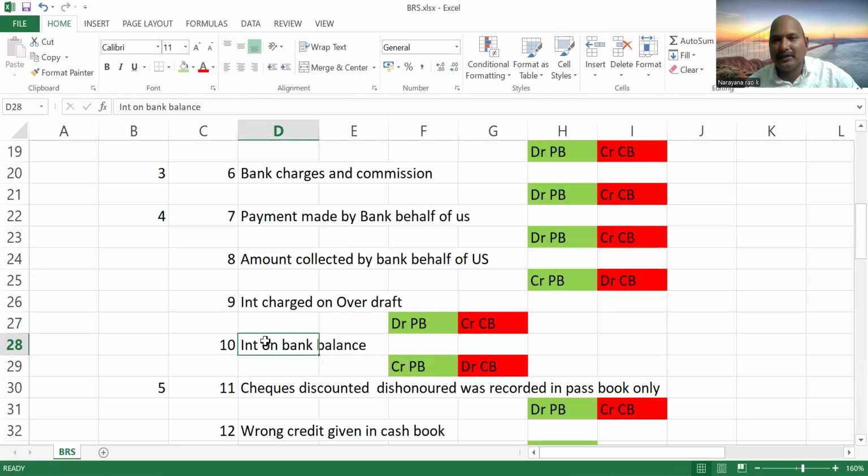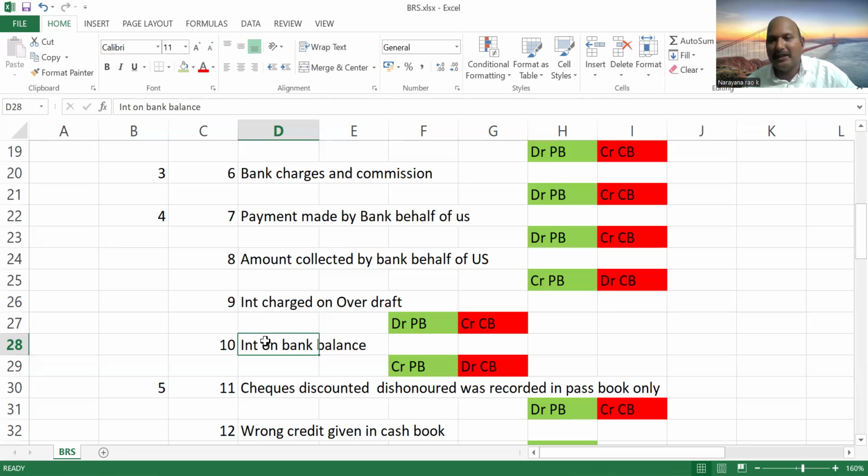Interest on bank balance. Unfavorable balance means overdraft or cash credit, which we already discussed. Favorable balance means our money is in the bank, and that money earns interest. Generally, business people have a current account. The current account gets a very low amount of interest, either 2% or 3%.